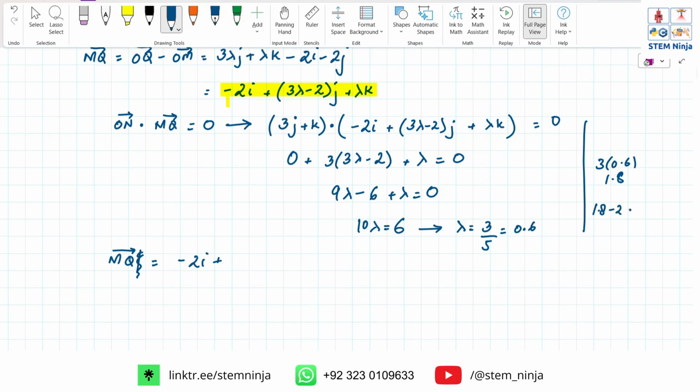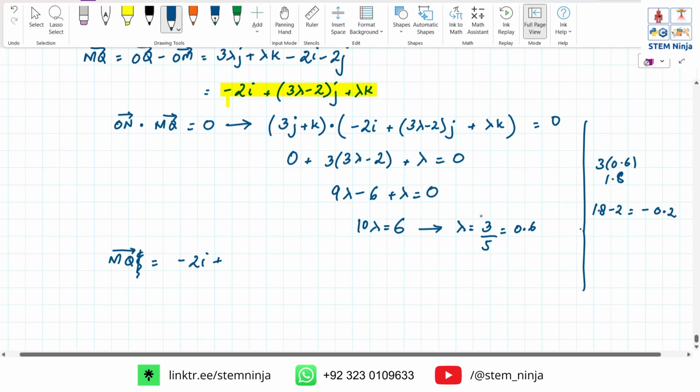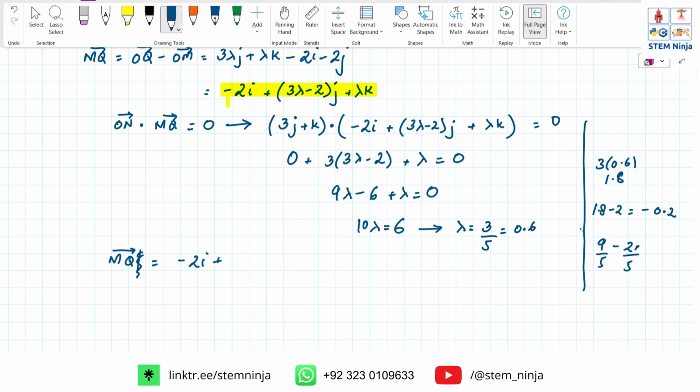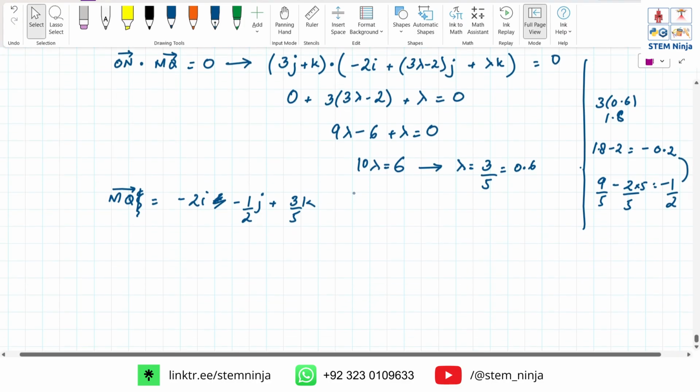You can use the fractions also. So 3 times 3 is 9 over 5, minus 2: 9 minus 10, that is minus 1 over 5, exactly what this is. So you can use minus 1 over 5 j plus 3 by 5 k.